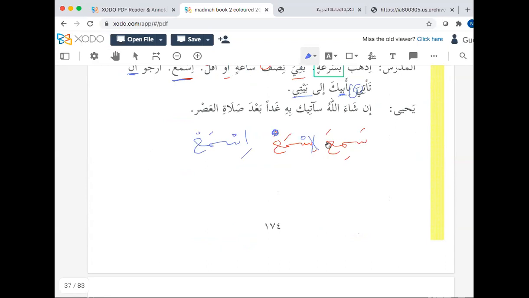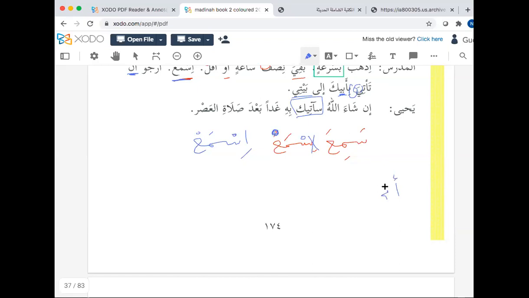Sa'atika bihi gadan ba'da salatil asri. Barakallahu feek. And this word sa'atika, let's have a quick look at it.